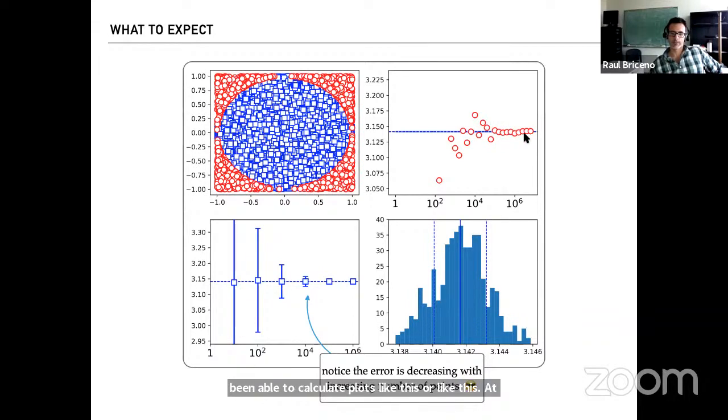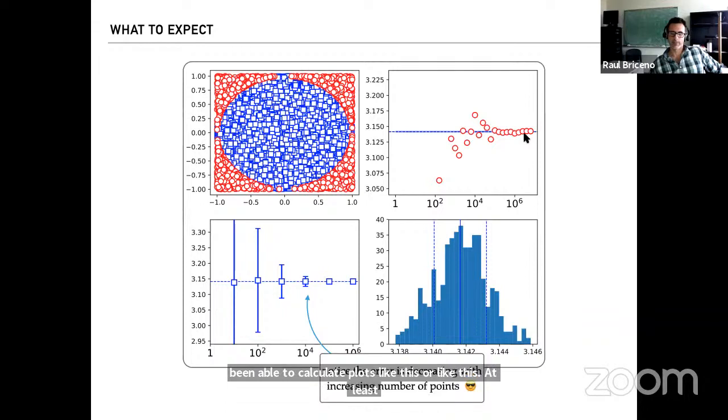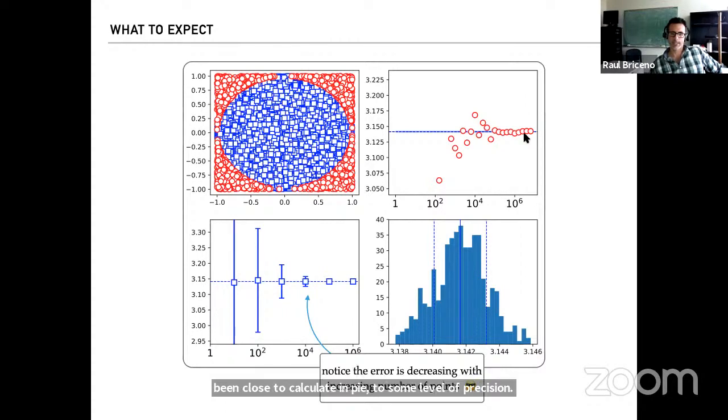Have people been close to calculating pi to some level of precision using random numbers? Are there challenges that people want to talk about? Perhaps not everybody has gotten there. That's okay. If you have any questions, feel free to ask them in case they might be of use to others.